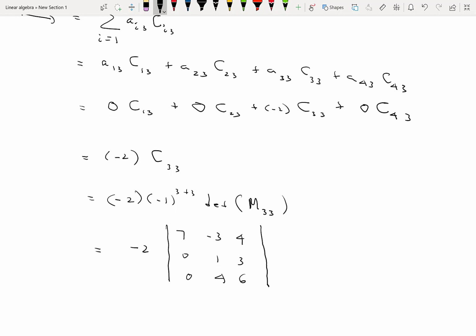One 3x3 determinant, as opposed to having to evaluate 4 of them. So we selected this column because it had the largest number of zeros in it.